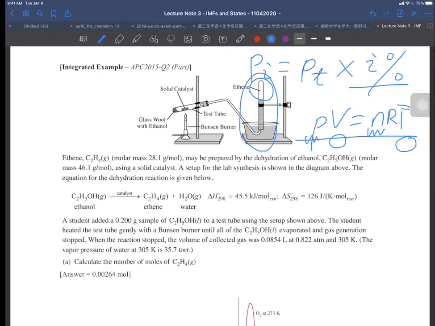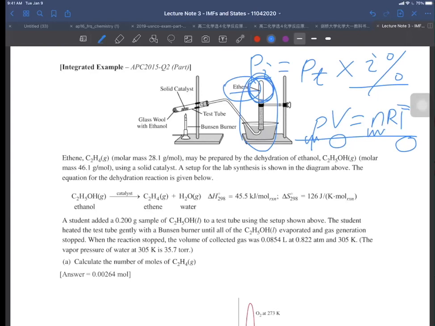But the pressure here is not only contributed by the gas you need. It also has the water vapor, right? So when you use PV = nRT to calculate how many moles of the gas you got, you need to use the total pressure minus the vapor pressure of water.